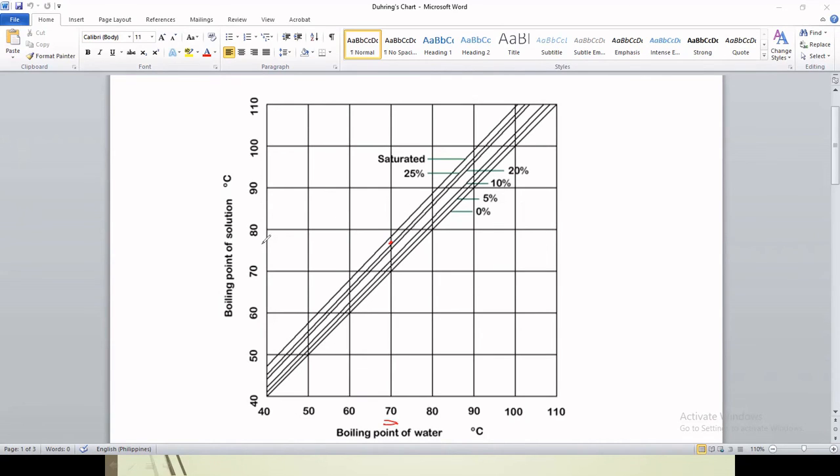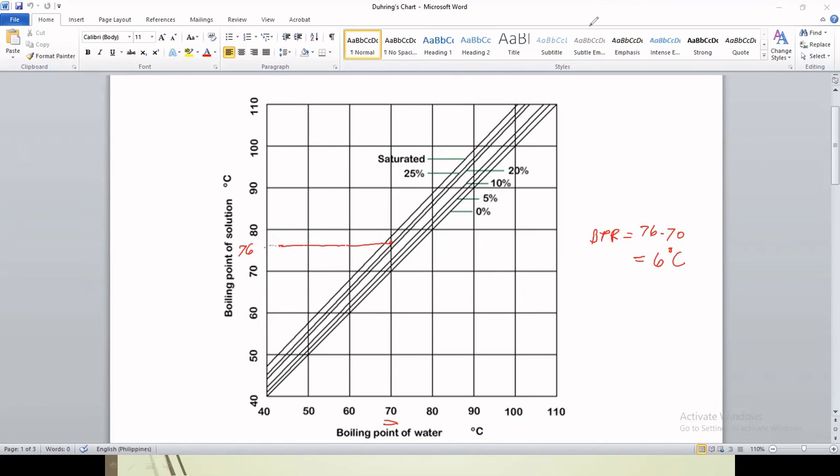Then you just read on the left the corresponding boiling point of your solution. In this case, it is around 76 or 77. So your BPR in the example I have stated is 76 minus 70. The BPR, the rise in the elevation, is 6 degrees Celsius, based on the 25% solids that your solution has.